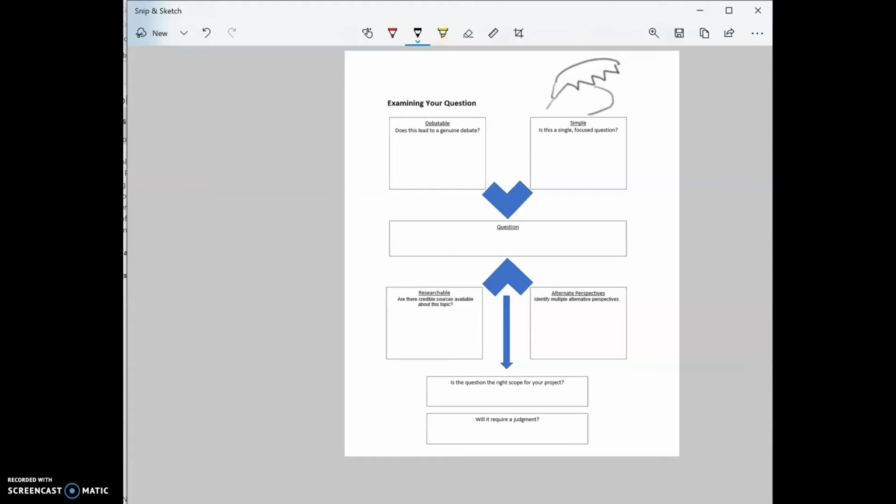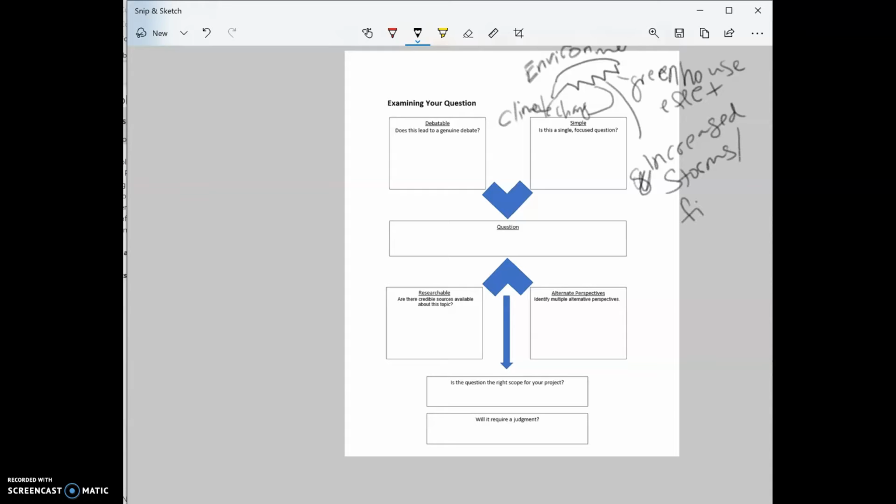So let's say we're talking about the environment. We could talk about climate change, greenhouse effects, increased storms and fires.